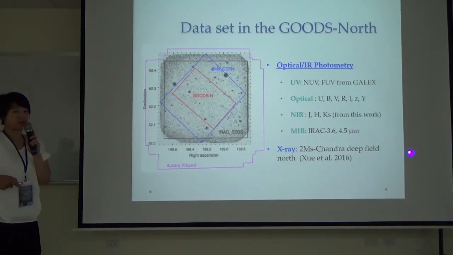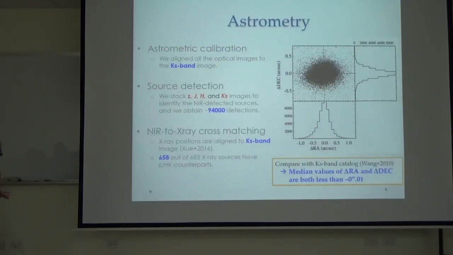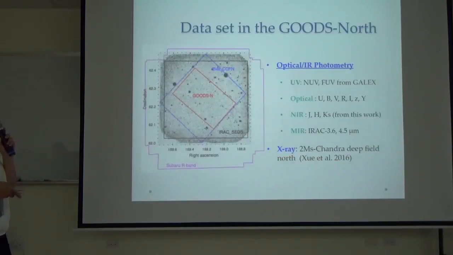And we use X-ray data to identify AGN, because as we know, more than 80% of X-ray detections are AGN, so we use X-ray detection as our AGN identification.